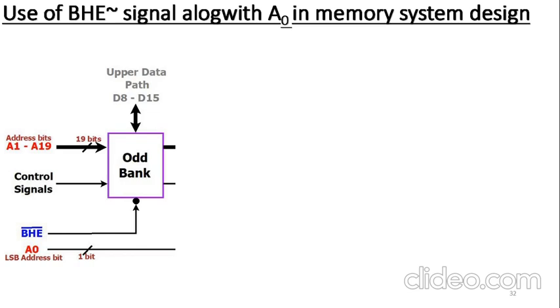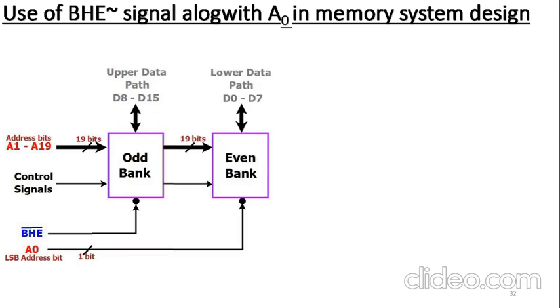Now, the A0 address bit, which is shown at the bottom here, the LSB address bit: A1 to A19 are connected on the top side, directly to the odd bank and also passed on to the even bank, which is not shown now. But A0, the LSB address bit shown at the bottom, a single bit, is used for enabling the even bank, which is beside this odd bank on the right here.